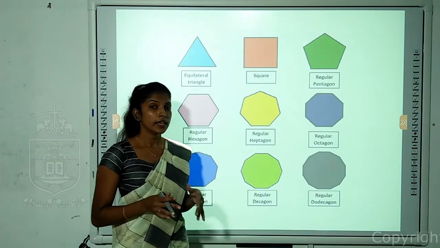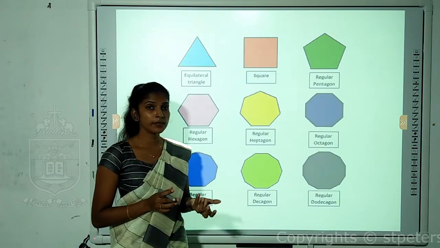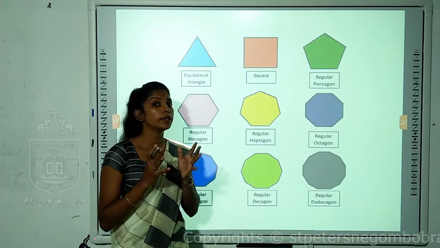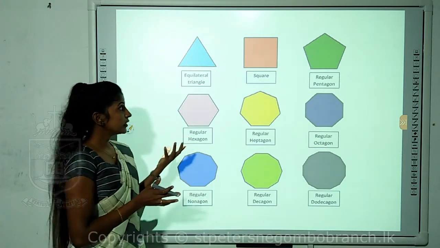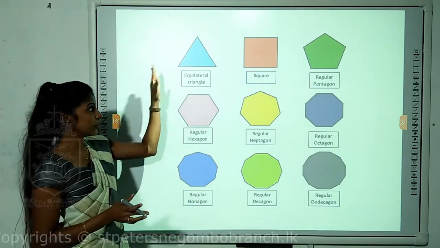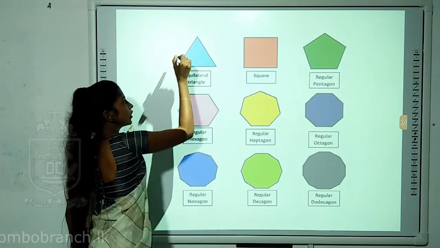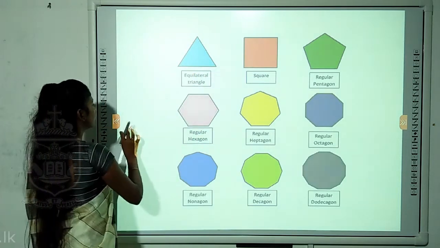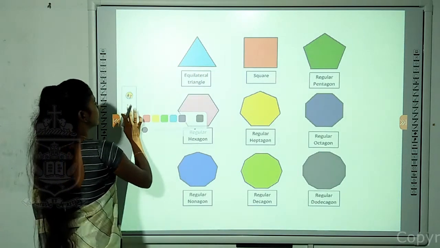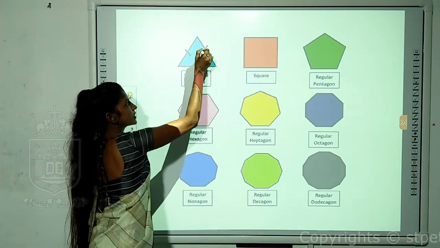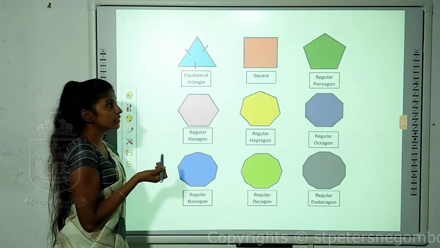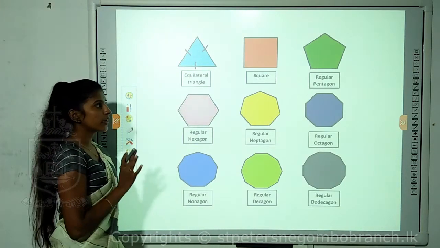Now earlier we discussed some different names given to polygons according to the number of sides. So here, for it to become regular, consider a triangle: if all the sides are equal, you can represent it like this. So we give the special name, that is an equilateral triangle.